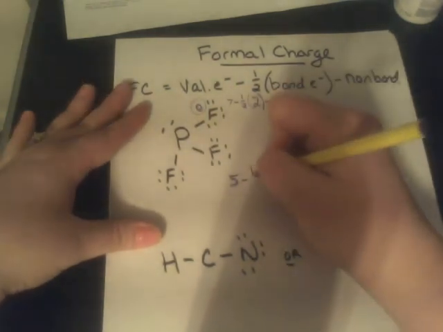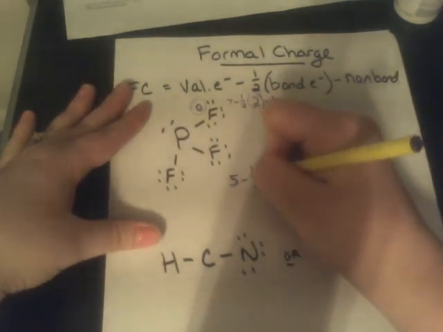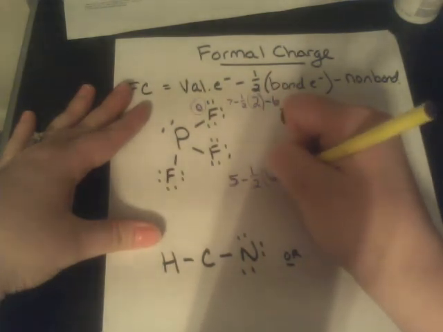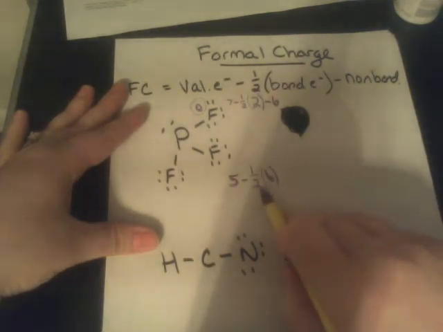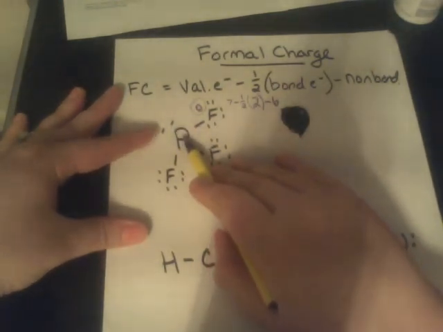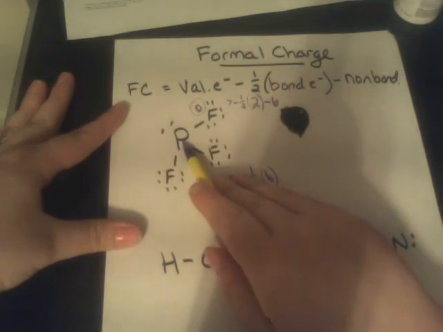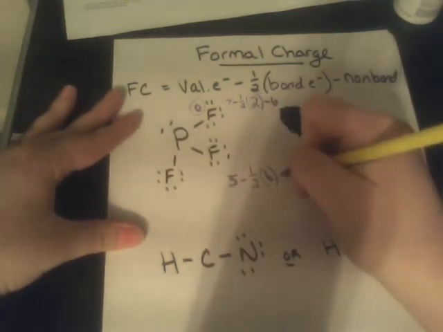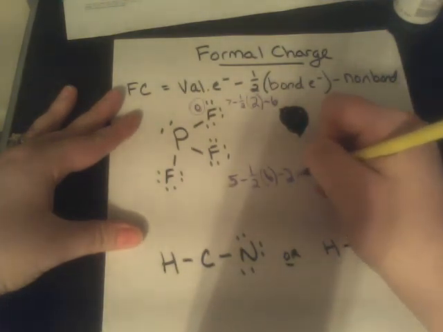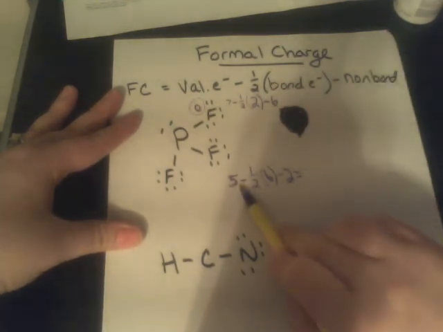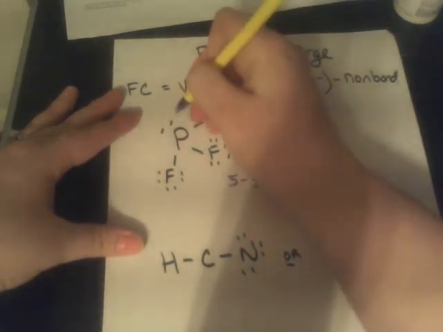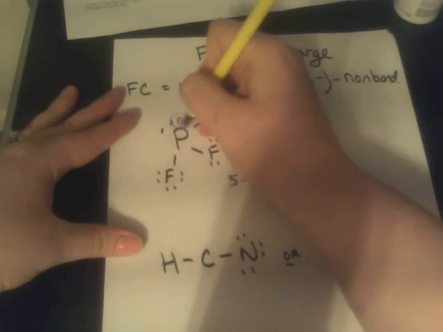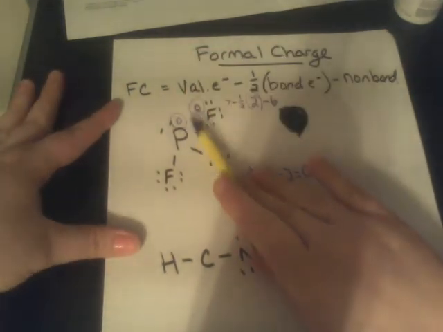So 1/2 of 6. And then minus the non-bonding that are on phosphorus. How many non-bonding are on phosphorus? 1, 2. There are 2. So minus 2. So what is 5 minus 3 minus 2? 0. Well, look at that. Phosphorus is also happy. So it has a formal charge of 0.